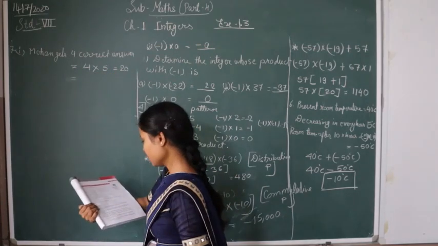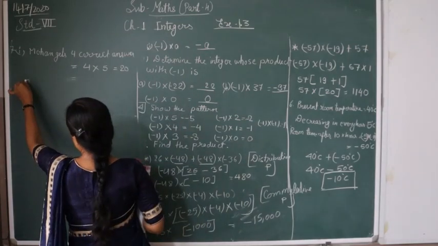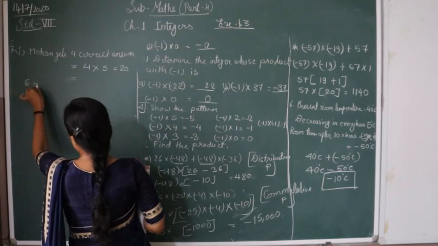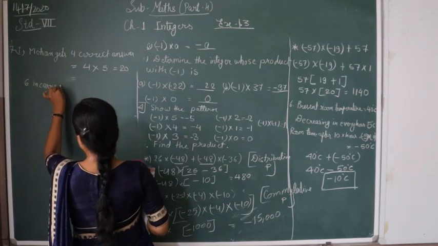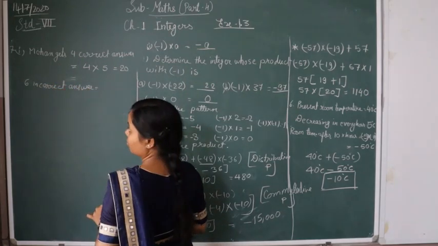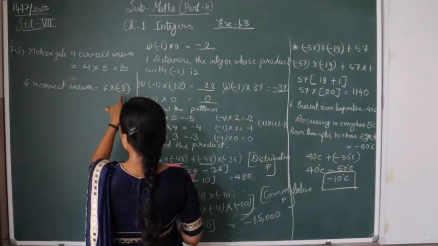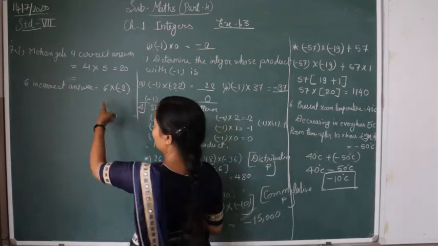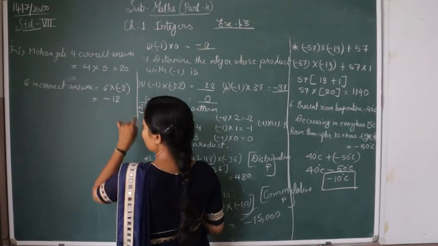Then he gives 6 incorrect answers. For an incorrect answer, as we know, we are awarded minus 2 marks. So we will multiply this 6 by 2, giving 12, and plus minus minus.